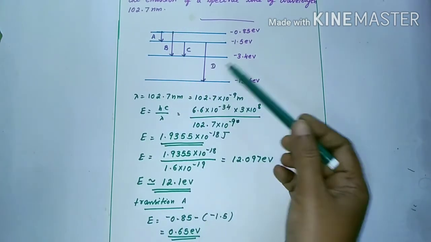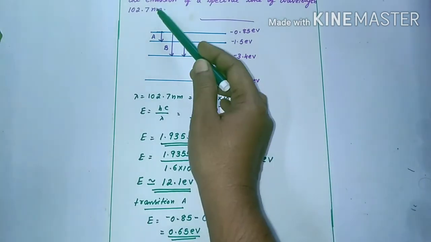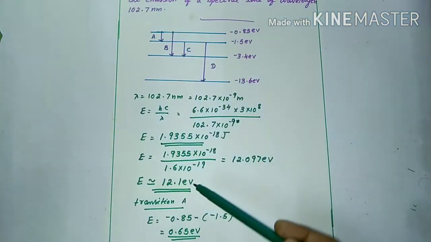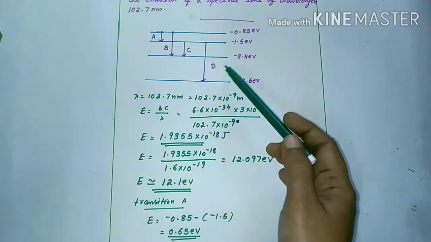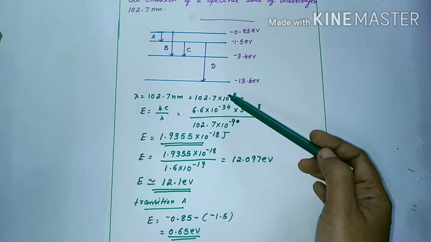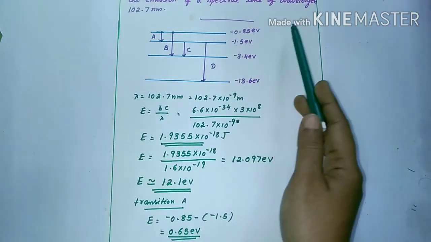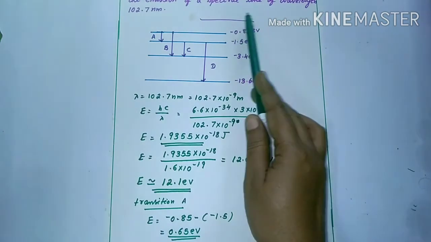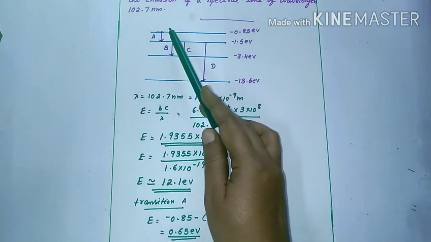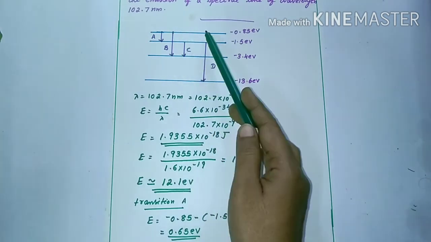So first you find out the energy for the given wavelength. Then you find out the energy of the given transitions. Then you can find out which transition corresponds to the spectral line of the given wavelength, here 102.7 nanometer.